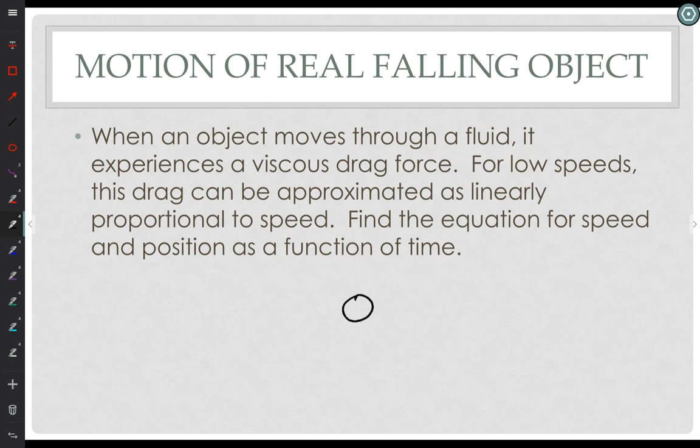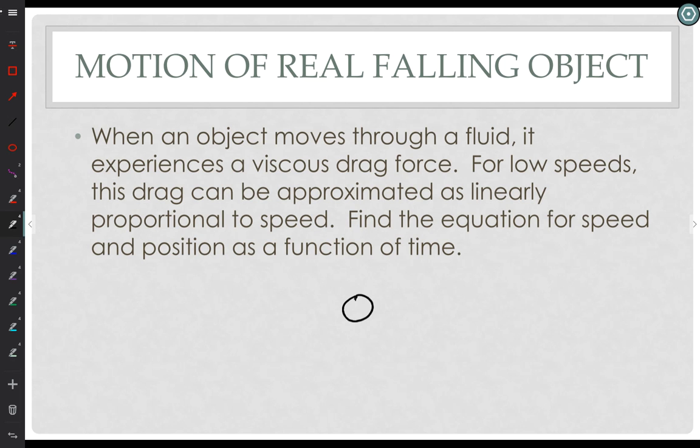I have an object moving through viscous material, and let's assume there's nothing pushing it. So it's something like I just fired a bullet out of a gun. Once it gets out of the barrel, there's no longer any gas pushing it, and it just has the viscous force slowing it down. It does have gravity pulling down, and we're ignoring the vertical, just looking at the horizontal.